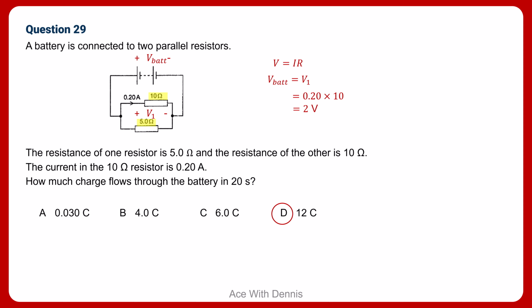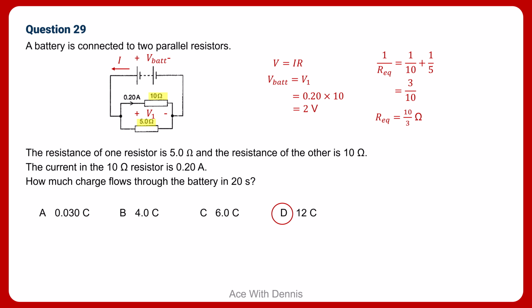Next, the 10 ohm resistor and the 5 ohm resistor are connected in parallel. So we can calculate the equivalent resistance with the formula 1 over R equivalent equals 1 over 10 plus 1 over 5. We get 3 over 10. Hence, the equivalent resistance is 10 over 3 ohms.